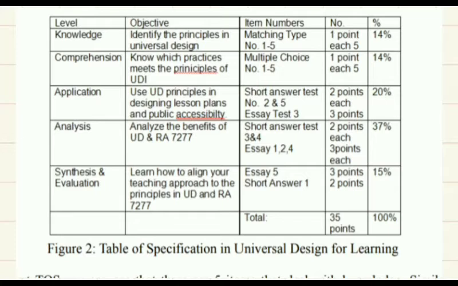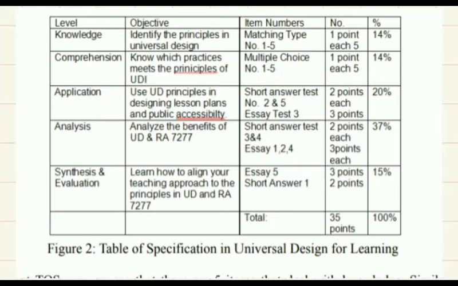So it has the matching type kind of exam, with item numbers 1 to 5 where we can find the test items. In each number, it has 1 point with a total of 5 points. And the 5, we have to divide again by 35 and multiply by 100. Then we get 14% total.